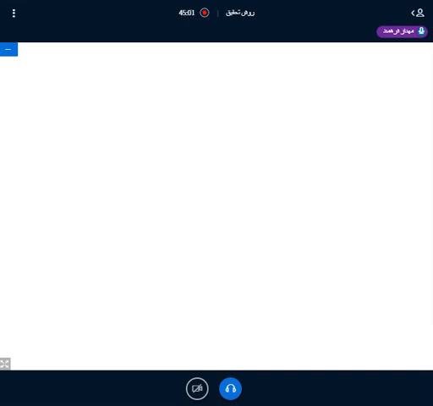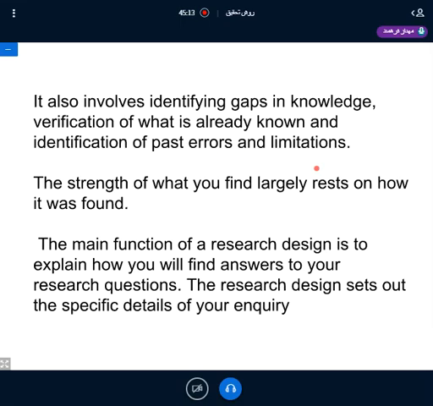It also involves identifying gaps in knowledge, verification of what is already known, and identification of past errors and limitations. So you can see here the gaps that we have in our study are very important to be known, and we must investigate errors and limitations too.